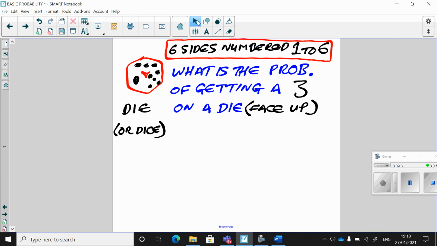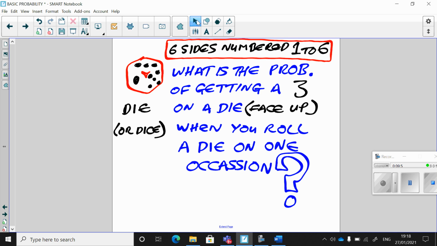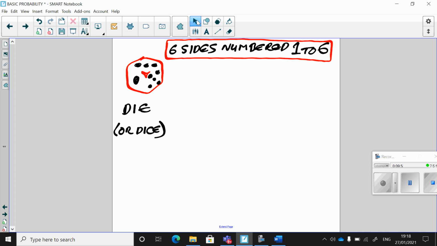So let's go for an example here. What's the probability of getting a 3 on a dice or a die face up? So that's important. It's the number 3 we're looking for here. So we're going to get one little definition for probability. Probability of a 3, just rolling it once. That's what they're telling us here. So probability of a 3, P, in a bracket, put a wee 3 maybe. Let's get our wee definition here. The favourable outcome on the top, things we want to have. We want a 3 over the total number of faces.